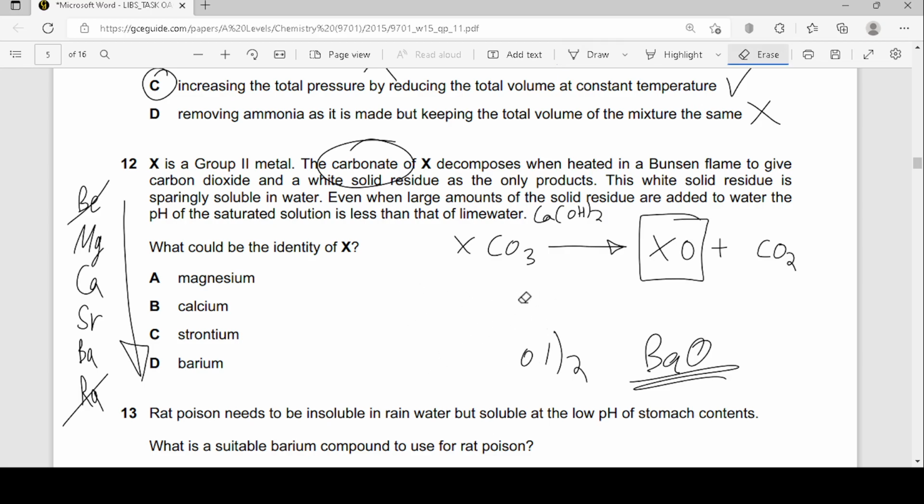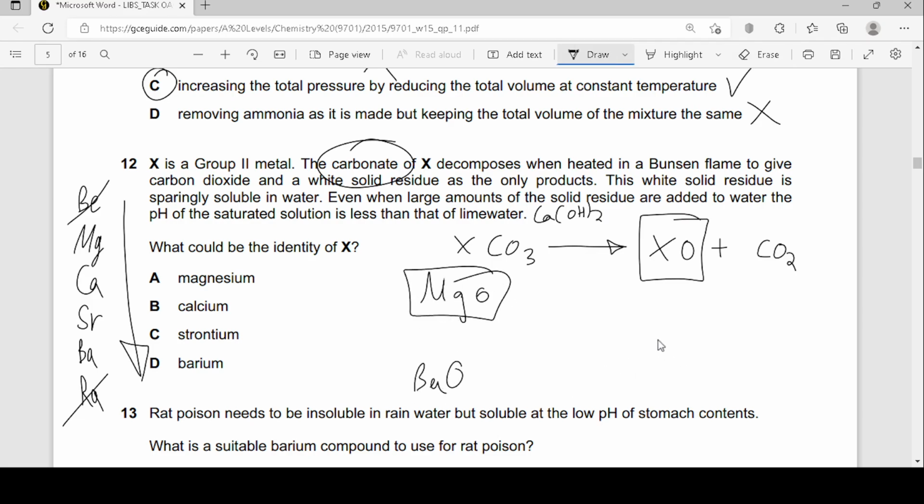The reason is down group 2, if I compare MgO and BaO, BaO has a very strong lattice, doesn't it? Because it has a greater lattice energy, which is something you learn in A2. Magnesium is this size, and barium is this size, so barium has a much lower charge density, and so it has a lower lattice enthalpy.